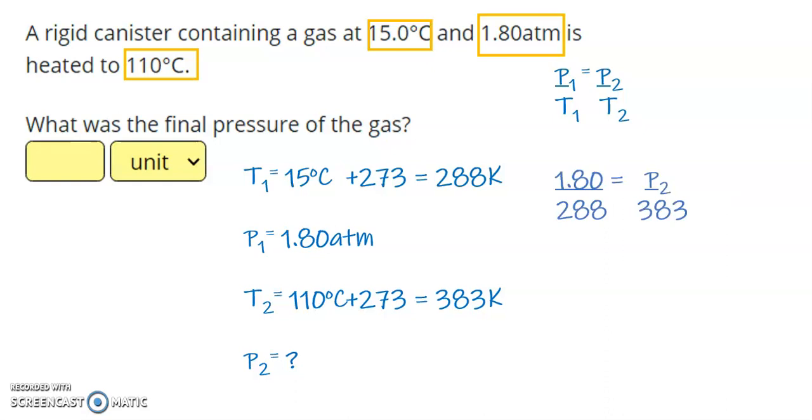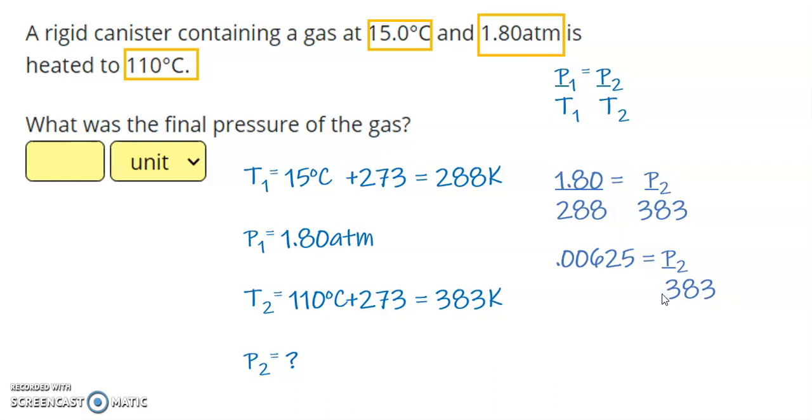There are different ways to solve this algebraically. Some people like to even isolate this variable before plugging in the values. But the way I'm going to solve it is by doing 1.8 divided by 288. That gives me 0.00625 on this side of the equal sign. I like to include at least 3 digits after I hit my first non-zero digit, so 0, 0, non-zero, and then those 3 digits, so I get enough information.